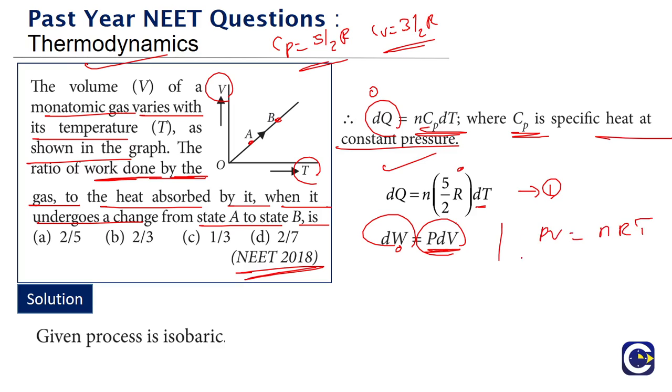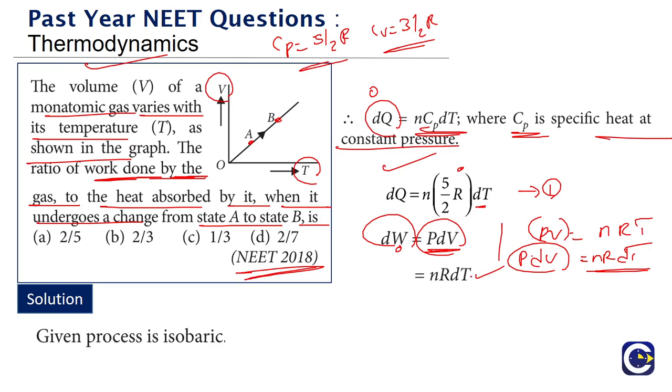Differentiate this, PdV will be equal to, on the right side, n is a constant, R is a constant, only temperature is variable. So PdV value will be nothing but nR dT.